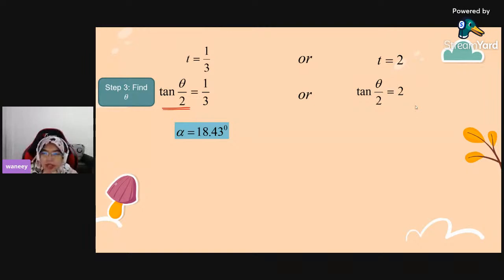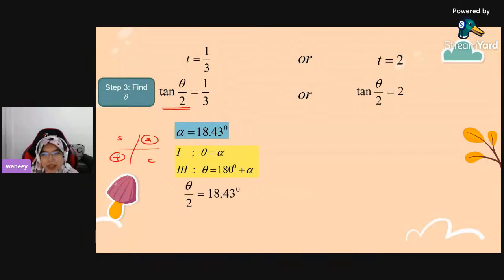Right, so 18.43, and then the quadrant. We want to get a positive answer, so using ASTC, it should be in either the first or the third quadrant. If you refer to your range, the question tells you that theta should be between 0 and 180.